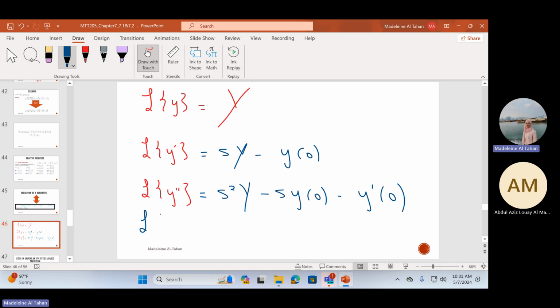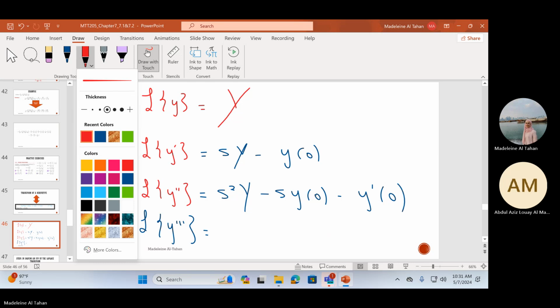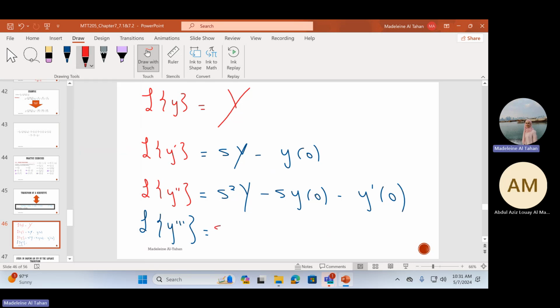Let's deduce the Laplace of y triple prime. What do we have for the triple prime? So s cubed Y, then start decreasing the power of s: minus s squared y0, minus s y prime 0, minus y double prime 0.